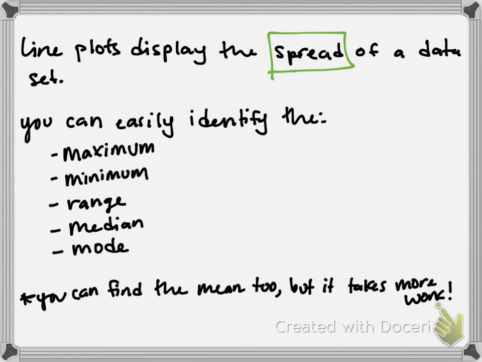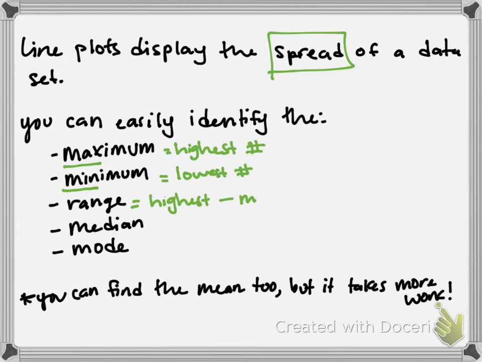You can easily identify the maximum, which is the highest number. You can identify the minimum, which is the lowest number. You can identify the range, which is the highest number, or the maximum, minus the minimum, or the lowest number. So highest minus lowest is equal to the range.